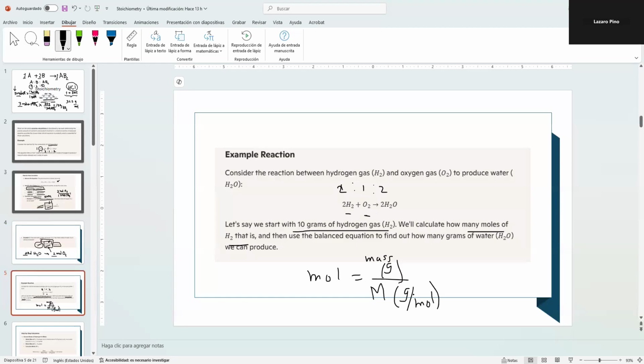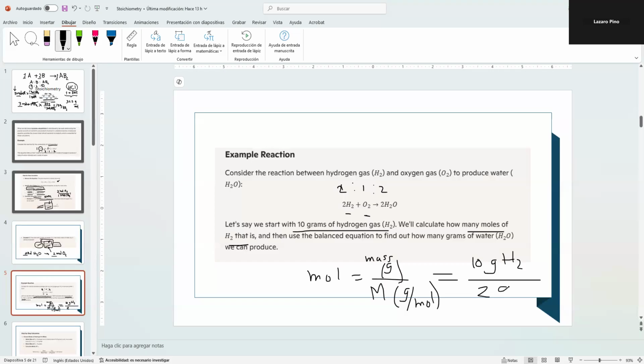In this case, let's begin by what is given, 10 grams of dihydrogen, and you know that the molar mass of dihydrogen is 2, because every atom of hydrogen is 1, so you have 2.